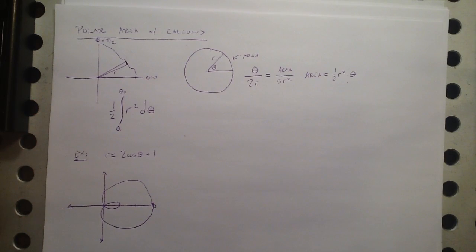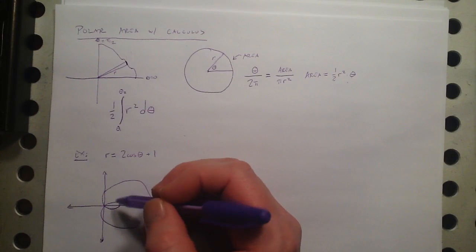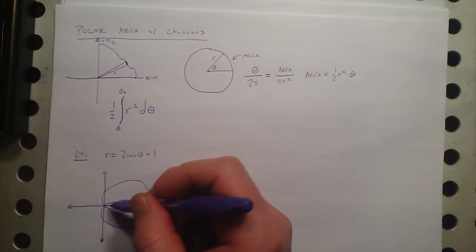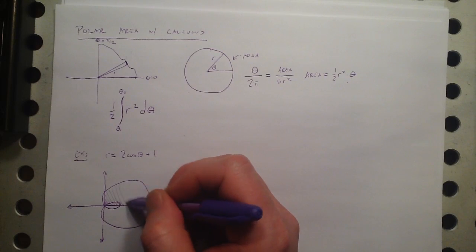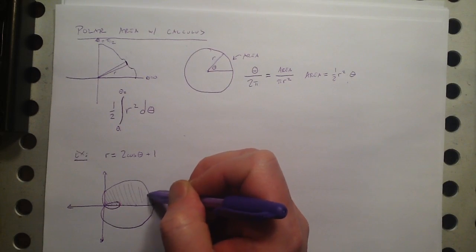Right? So there's different things that we could ask about this. We could say, what's the area of, and we could do different kinds of shaded regions. So we'd say, what's the area of, let's say, this shaded region?